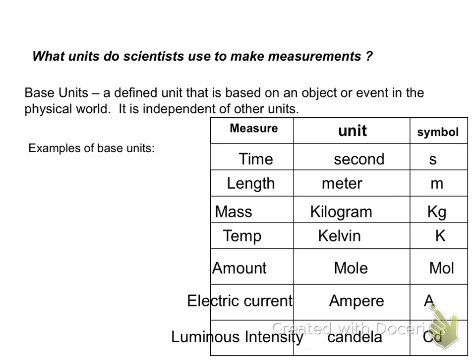So a second is a second, and that might be used to define other units, but other things don't define a second. A second is simply the amount of time between a radioactive cesium atom emitting radiation. That sounds pretty random. Somebody just decided that that was going to be a second. So those are base units.